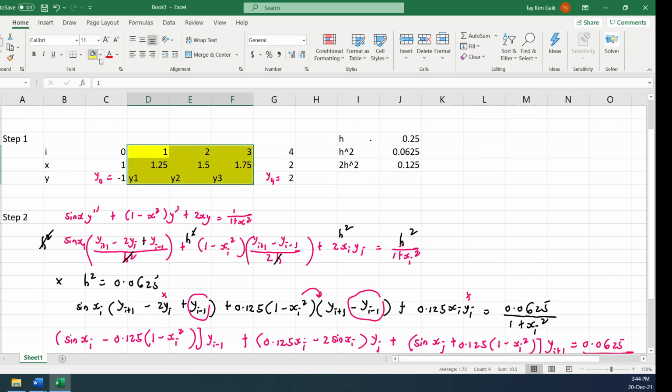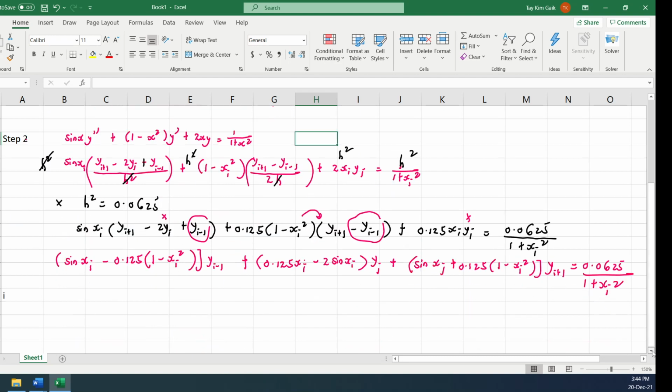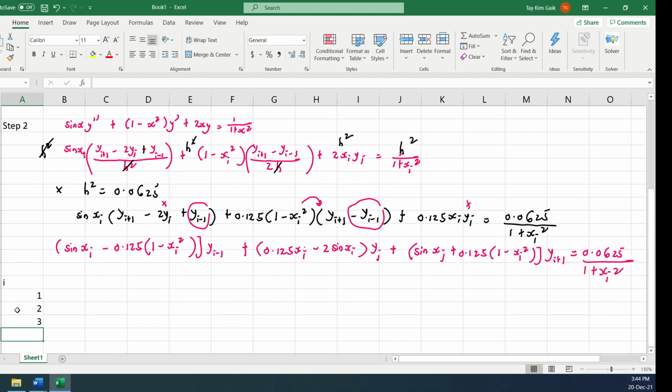So I start with 1, 2, 3, and then I put x, and this is the coefficient for y. I hope you understand. This is the coefficient for y_{i-1}.